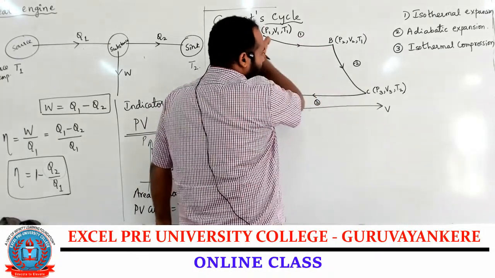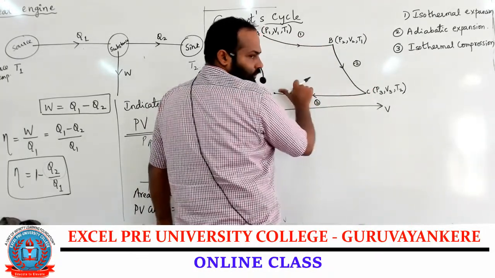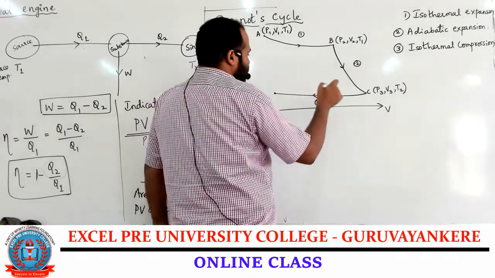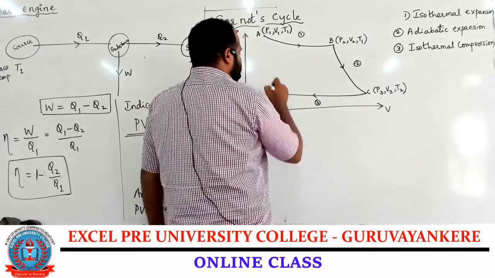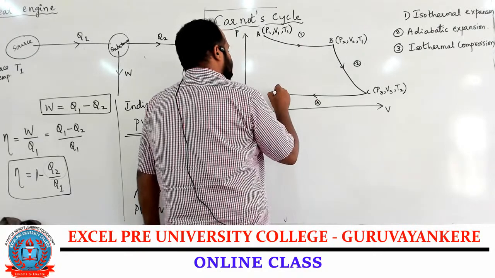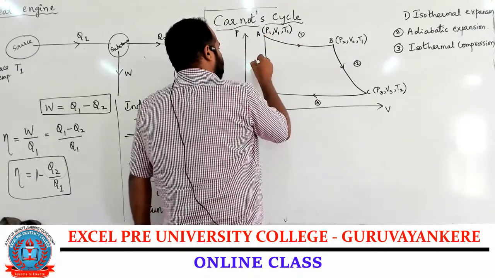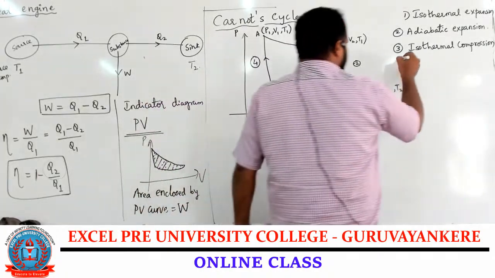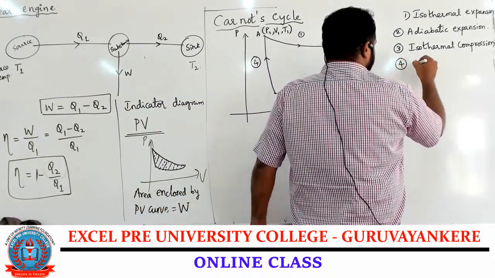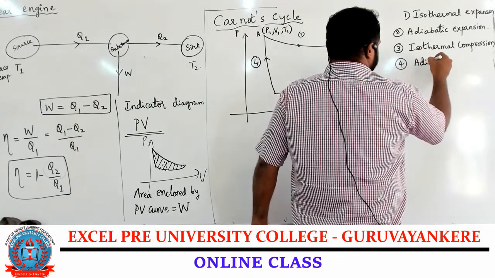Next I'll have to see expansion. Now see, this is going in one direction, this is going in the opposite direction. So I'm trying to come back to its original state, and this one is the fourth stage. The fourth process is adiabatic compression.